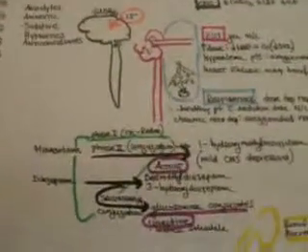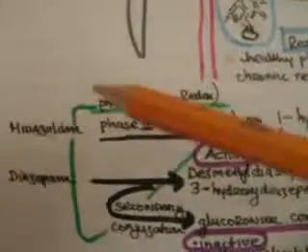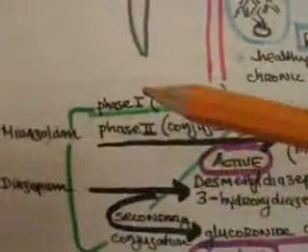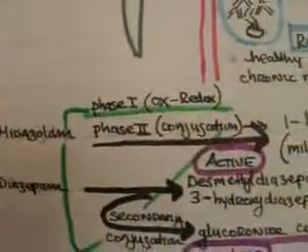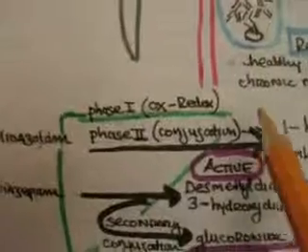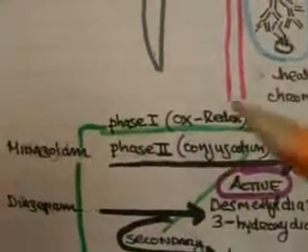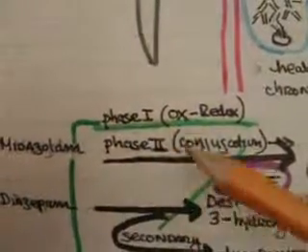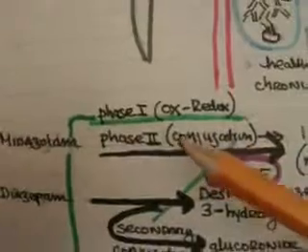The biotransformation of benzodiazepines, for example midazolam and diazepam, takes place within the hepatic system, or the liver, through a process of phase 1 and phase 2 reactions. The phase 1 reaction is involved with the oxidation reduction of the parent molecule such as midazolam, and phase 2 is more involved with conjugation.